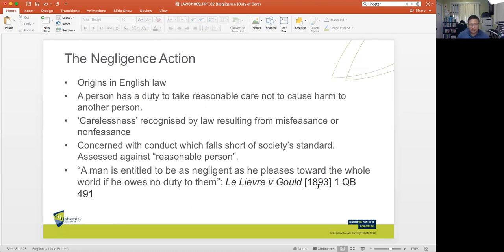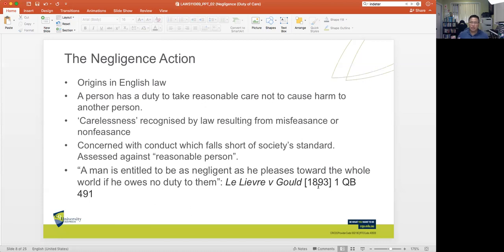We also have to realize that carelessness or negligence is recognized by the law as resulting from misfeasance, or an action, or nonfeasance, or an omission. So it can be both an action or an omission. And the negligence action is always considered from the viewpoint of conduct and whether or not that conduct falls short of society standards, which means, therefore, that an assessment of conduct that falls short of society standards is always assessed from the viewpoint of a reasonable person.